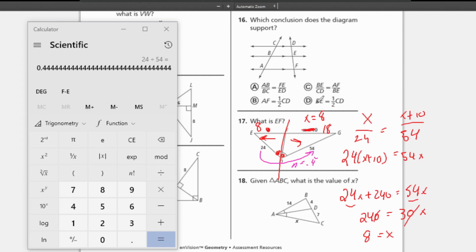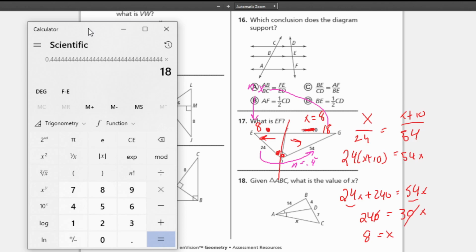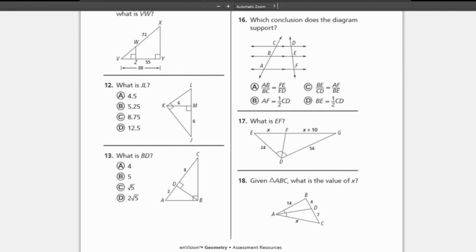That's obviously going to be smaller, so that means I need to take this number times n, and I should get this number if it's correct. So with this still being up, but not that, hit times 18, and I get 8, so we've done this one correctly. Alright, and for our last one, given triangle ABC, what is the value of x?